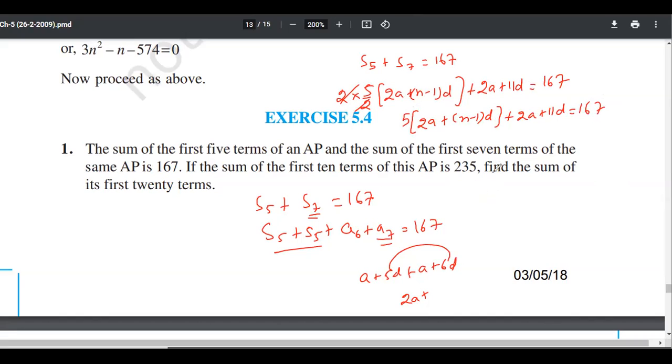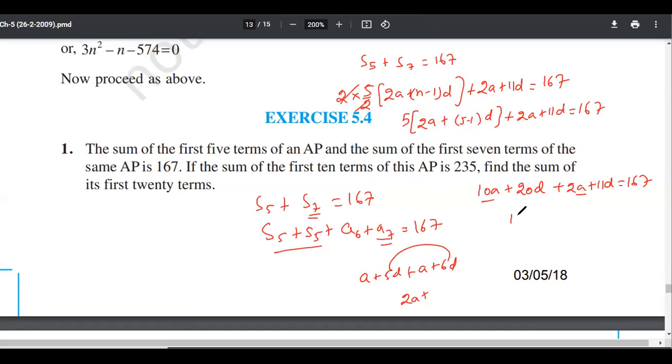Here we can put the value of n, which is 5, so you can write 5 minus 1. So you get 10a plus 4d, and 4d has to be multiplied by 5, so 10a plus 20d plus 2a plus 11d is equal to 167.